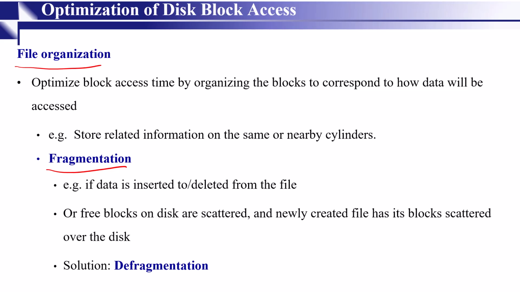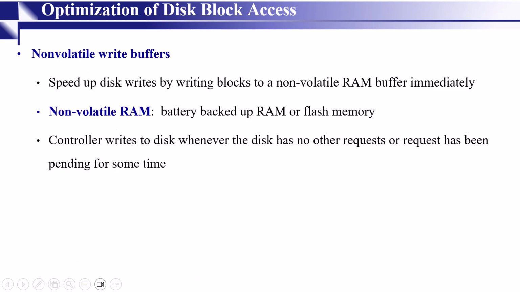This scattering increases access time and also reduces efficiency. The solution to fragmentation is defragmentation. What it does is organize the data blocks on the disk and place them closer together in order to improve access time and overall system performance.